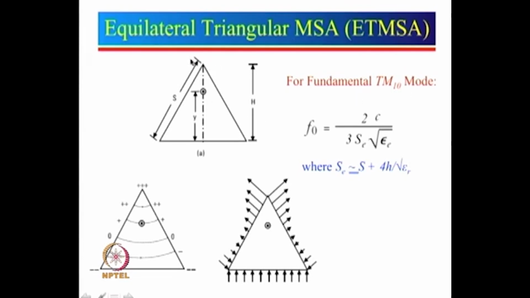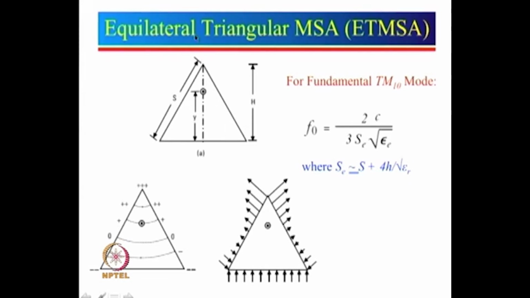An equilateral triangle is defined by its length S, and all three sides are equal. So this is S, S and S. And each of these angles is equal to 60 degrees.